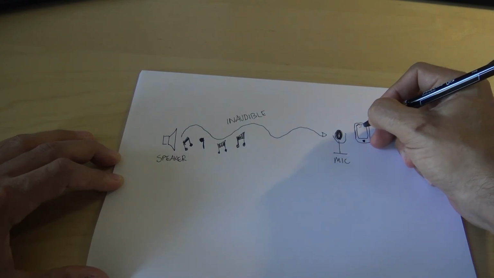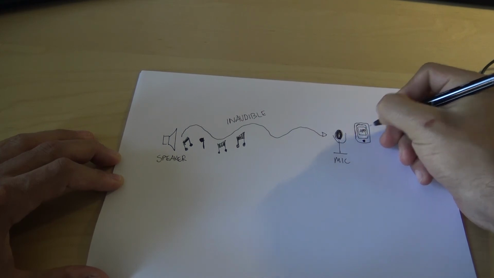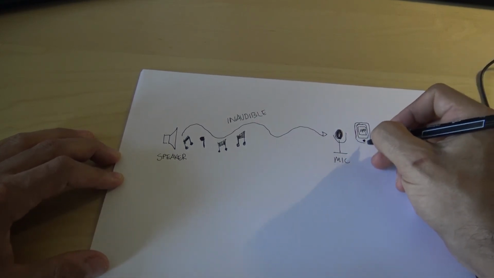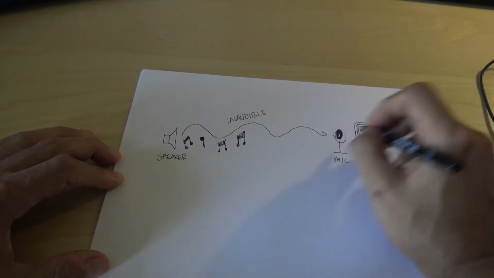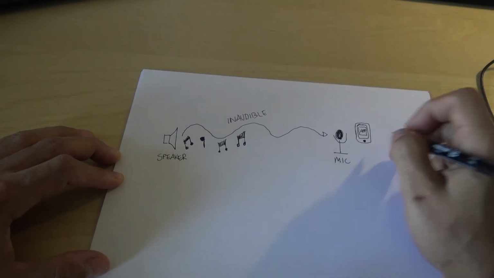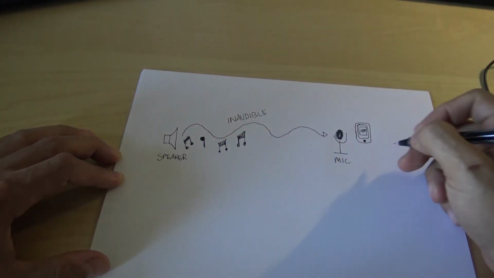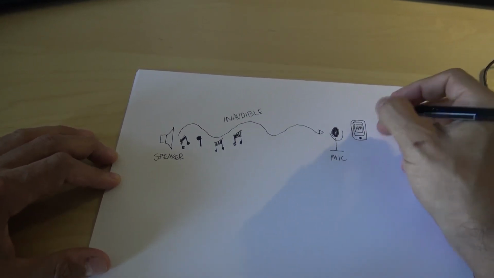And then on the receiving side, you have some kind of application that's listening. This application on this mobile device is listening, it's capturing audio from the microphone and analyzing the audio that comes in. And when it detects this inaudible data signal, it transforms that data signal into content.